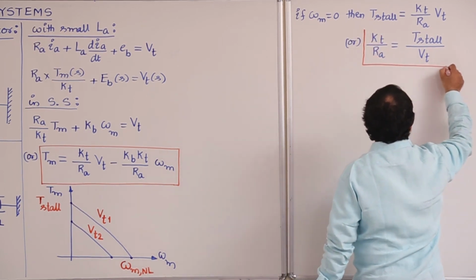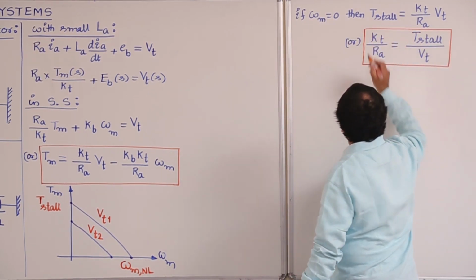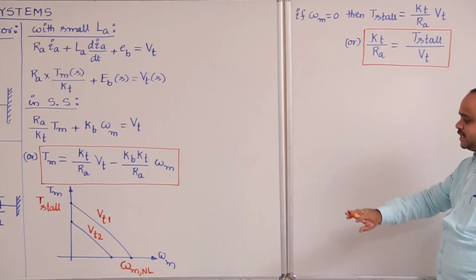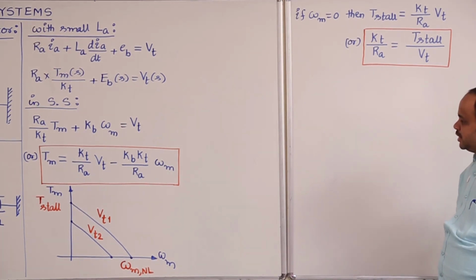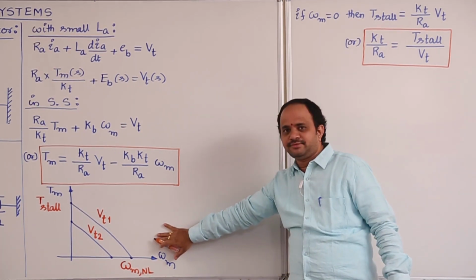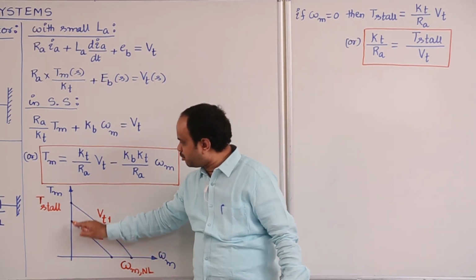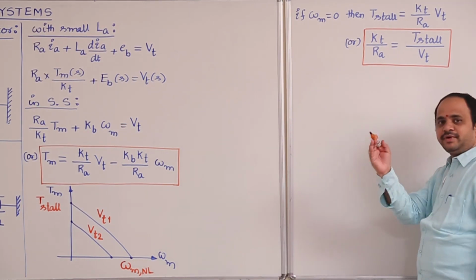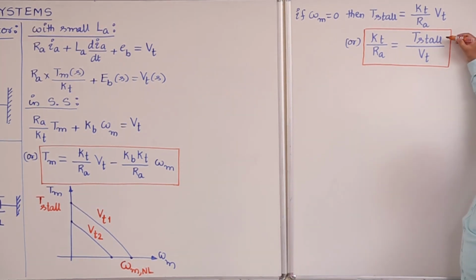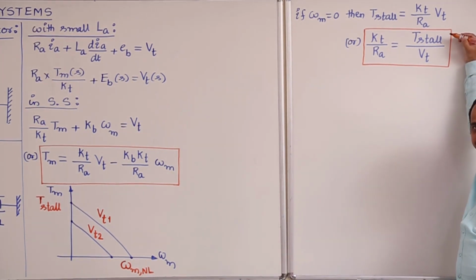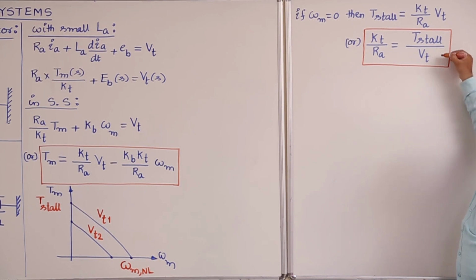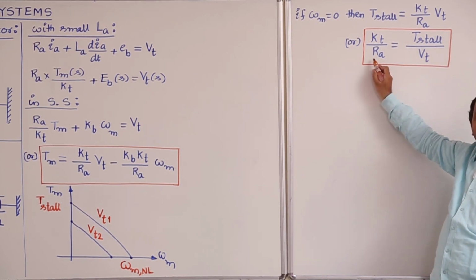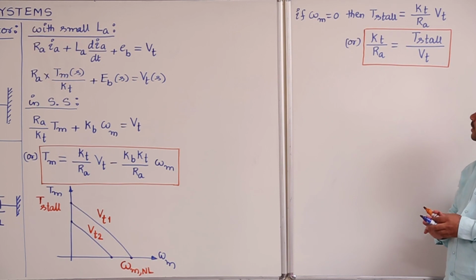This is the conclusion. In numerical questions, by seeing this graph, you can identify the stalling torque for a given terminal voltage. If you take the ratio of that, it is numerically equal to Kt upon Ra.